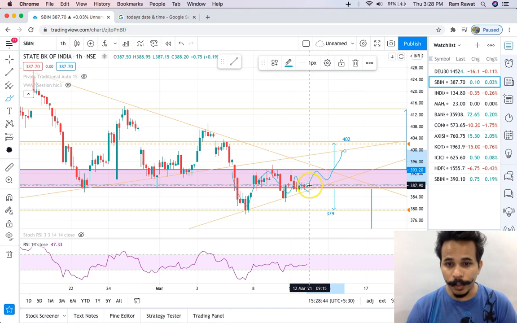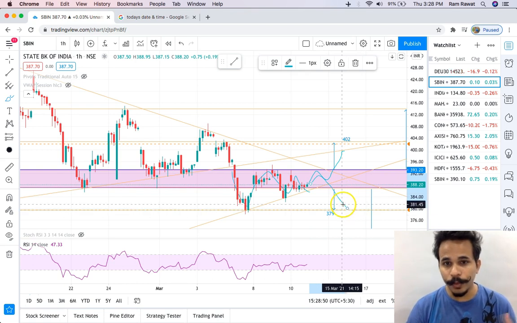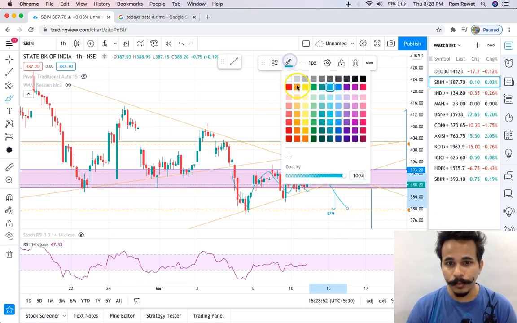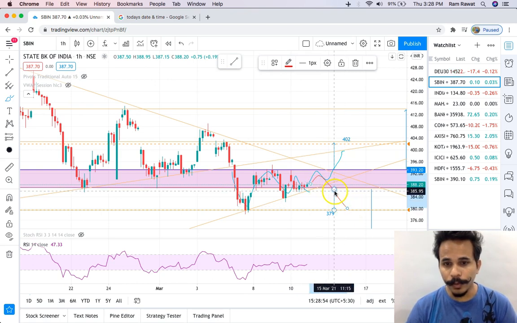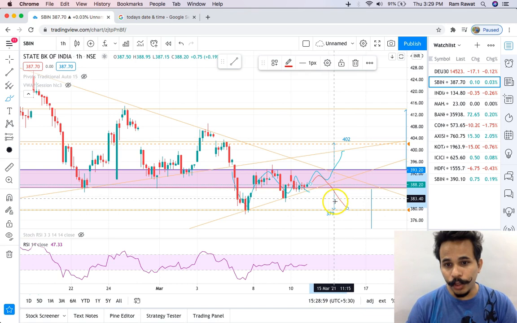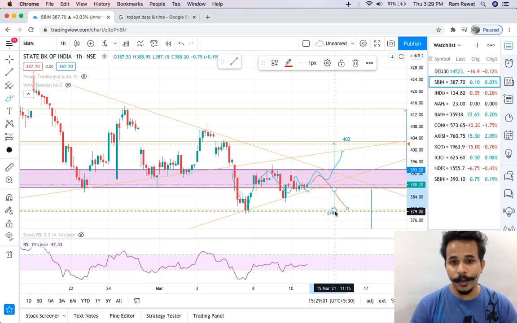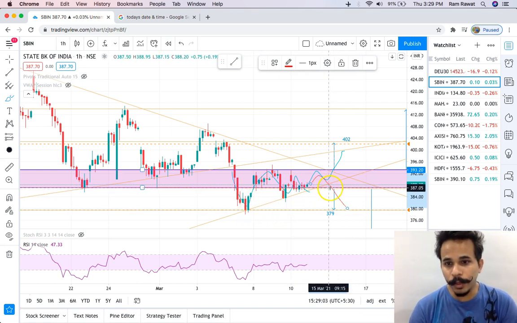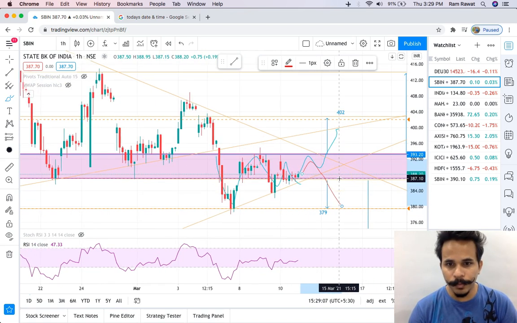But if it goes down, like from here it goes down, then you will have to sell the stock, and from there you can have the first target if it breaks out of this pattern, this line.